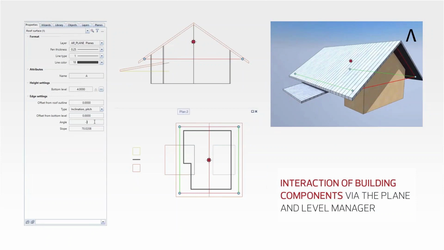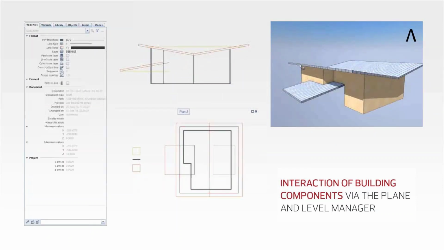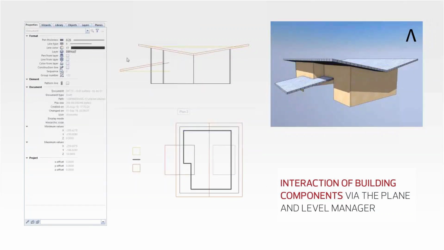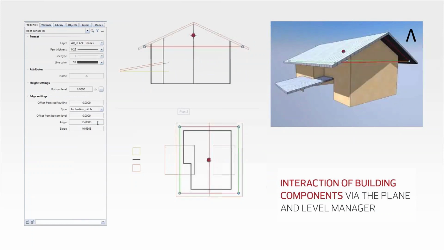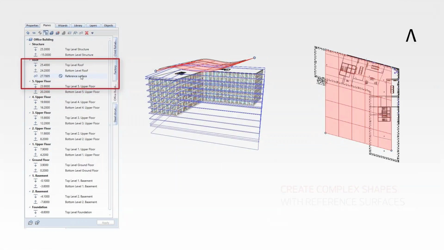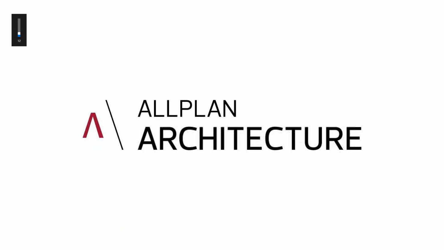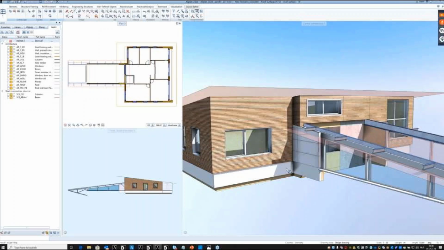So it's meant to simplify, and this is the new thread of Allplan, to keep everything parametric within the tab. So you have a tab that holds all the settings instead of going through all those masks and things like that. And for complex shapes as well, there is a very powerful concept now of reference surfaces, which means that you can have any 3D model and you assign it to the architecture.